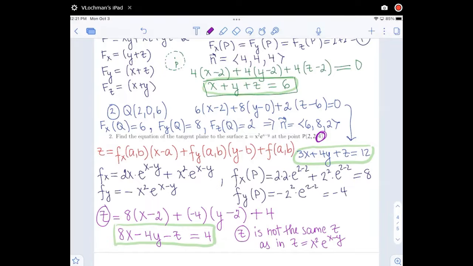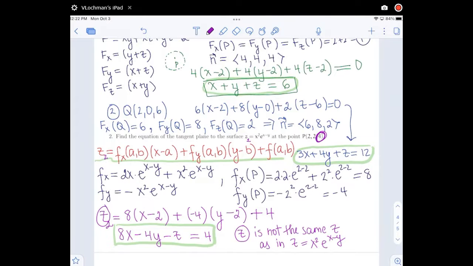When we write this equation right here, that z refers to a different function. That z is a function of the plane. That's the plane. The original z is the surface. So sometimes it helps to put a subscript to differentiate them. So this is z1 and that's going to be z2, right? A different kind of z. They're not the same function.